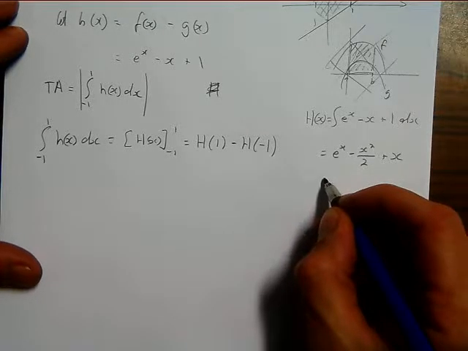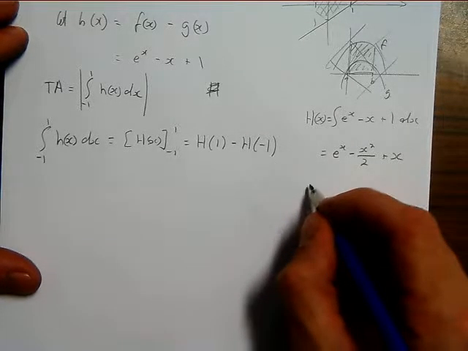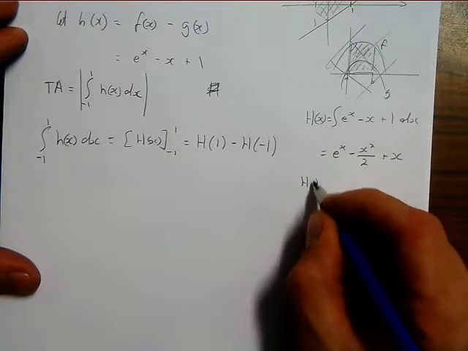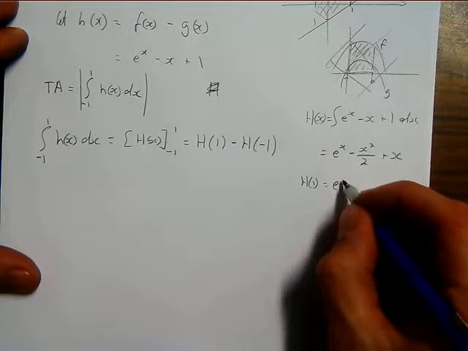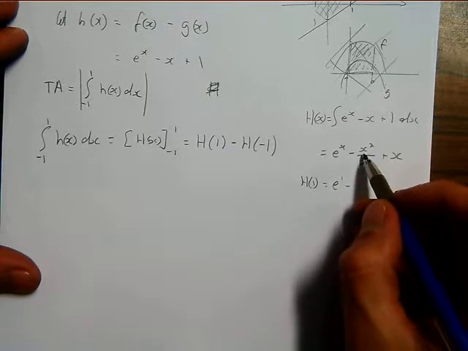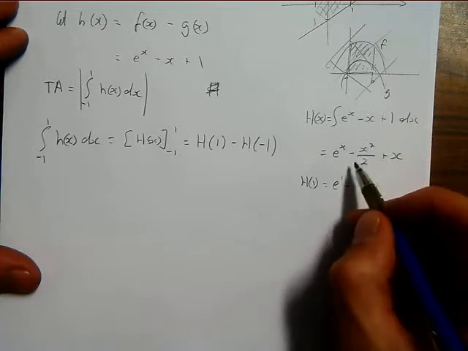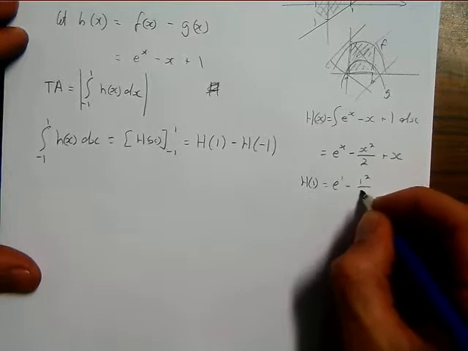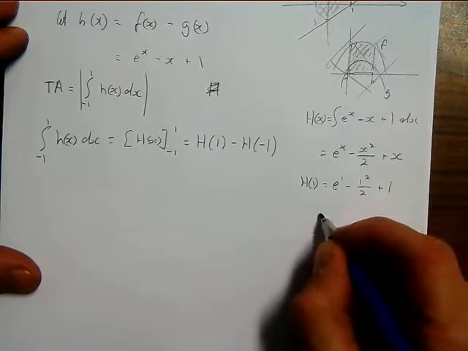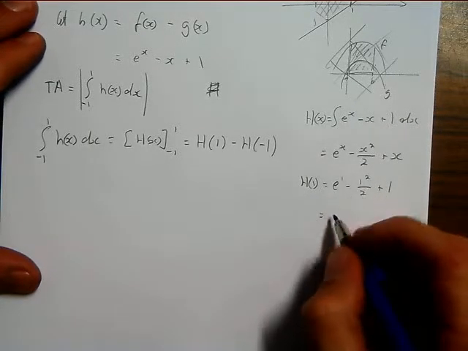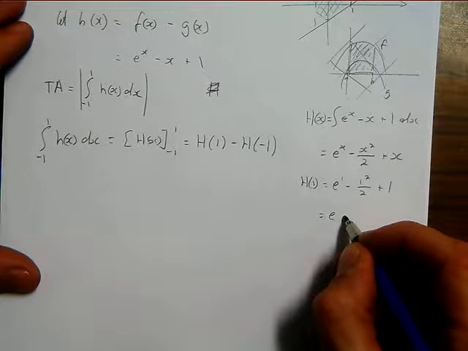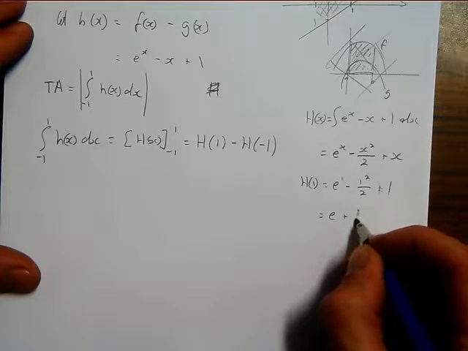So we need H of 1 and H of -1. H of 1 is e to the 1 take 1 squared on 2 plus 1, which is e plus a half.